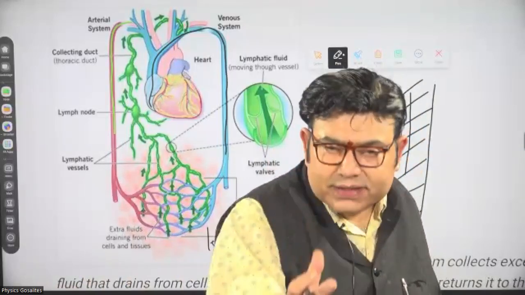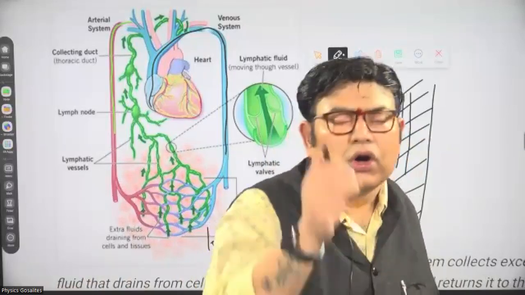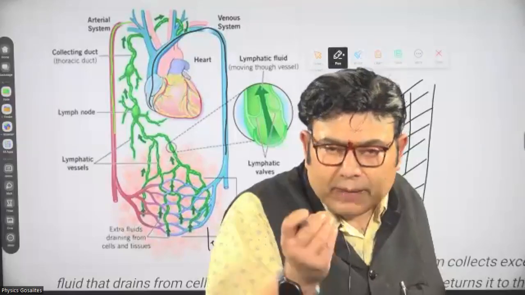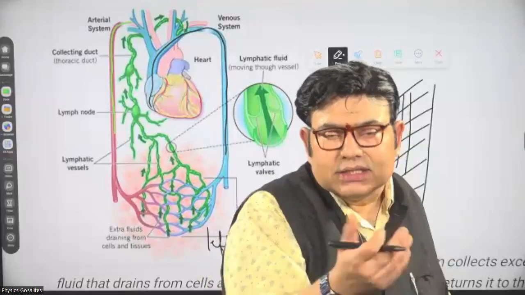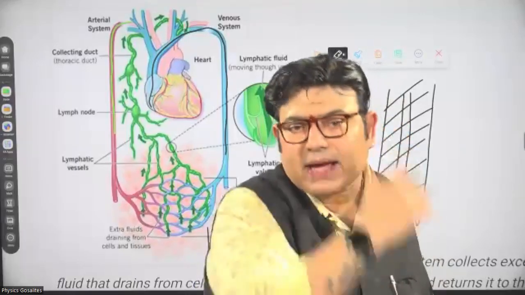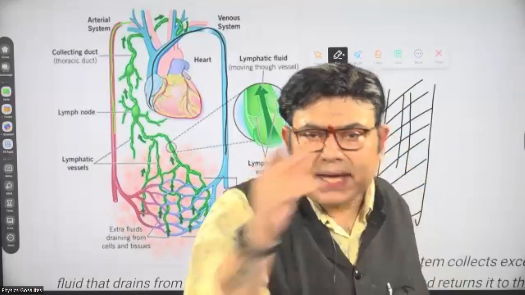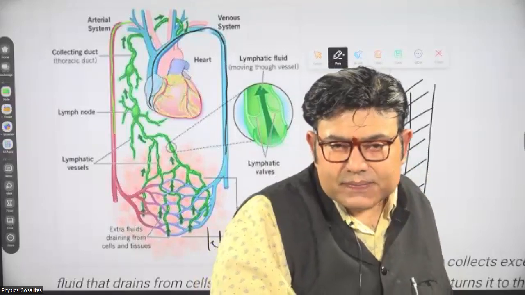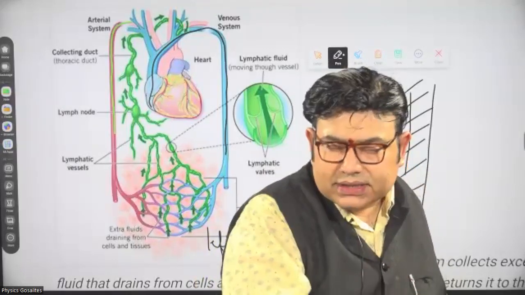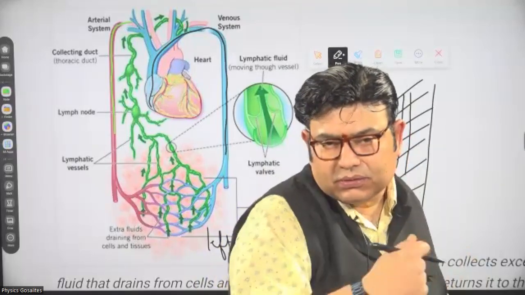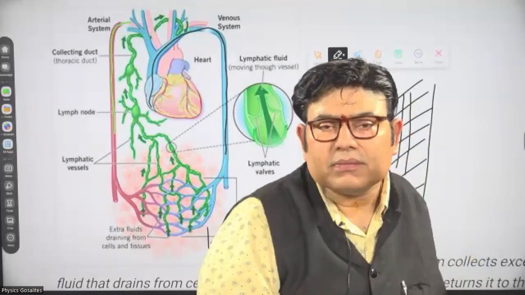Whenever you have seen accumulation of fluid, or edema, or swelling, it is an indication that the fluid is not returning back, which has to be returned back. It is not returning back at the same rate. If you want to see it, just tie a tourniquet, a thick rope, on the arm and keep it there.